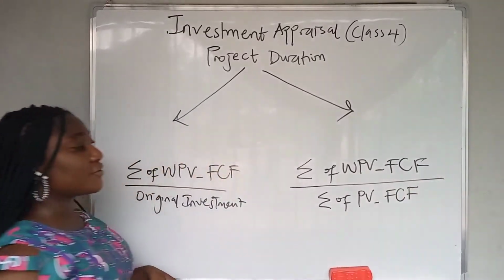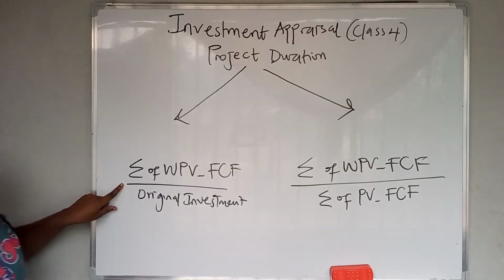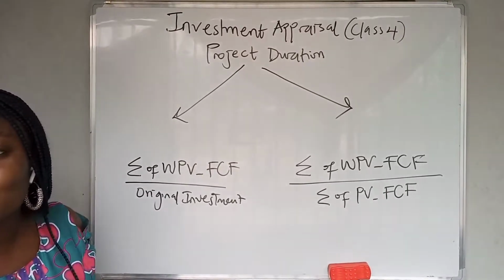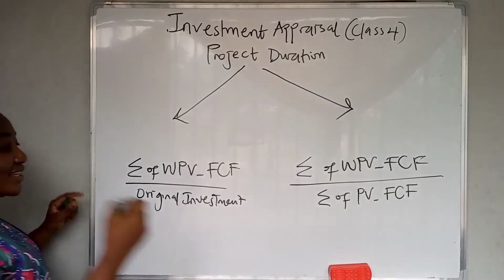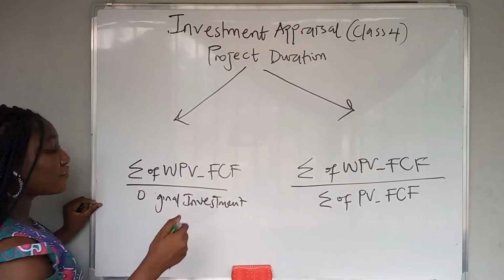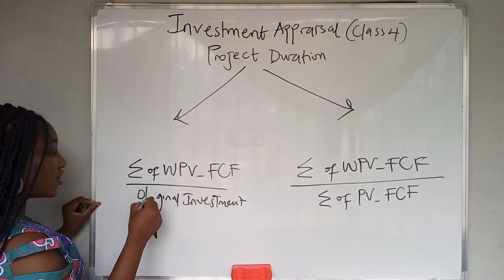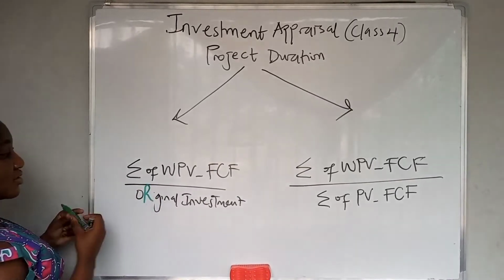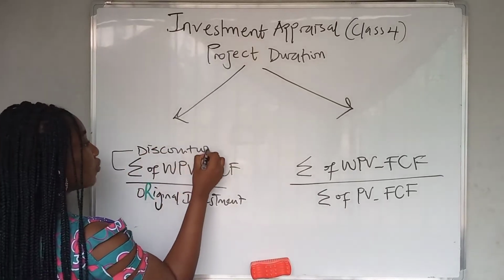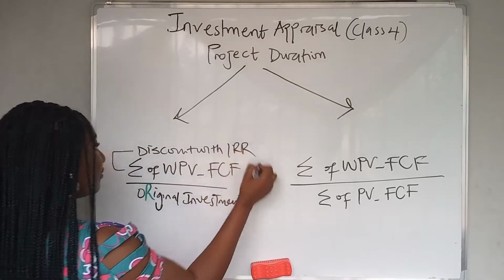I'll explain it very well. Now, whenever you're trying to recover the original investment, use this R. This is how I learned it. I use this R to guide myself so I won't forget, and that's why I can actually teach now. Original investment means you are going to discount with IRR.